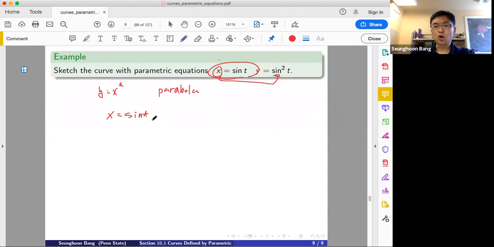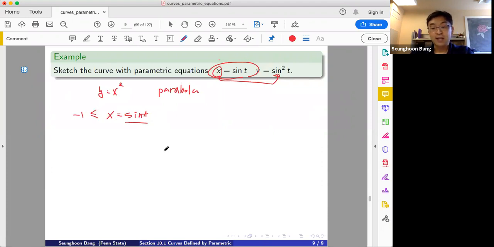Do you know what the maximum value of sine of t is? Do you know this kind of thing? What is the minimum of sine of t? Could you write your answer on the chatting board? What is the minimum value of sine of t? Yeah, -1. This is the minimum.